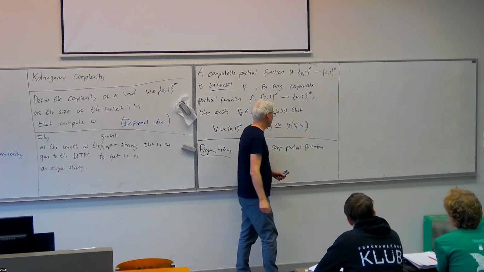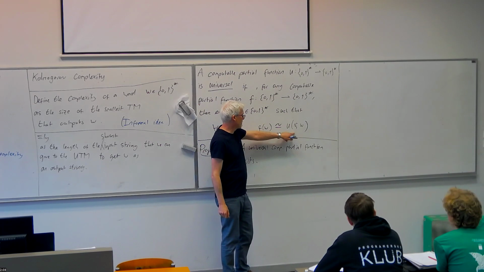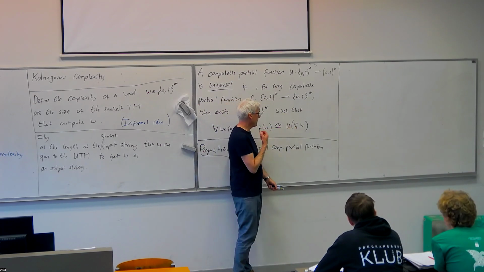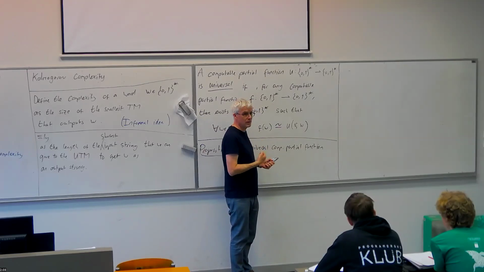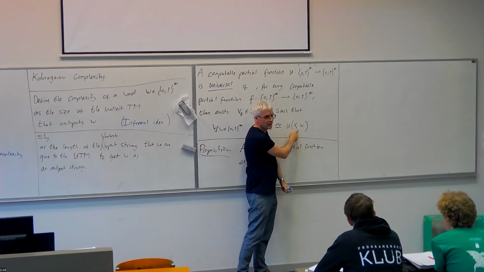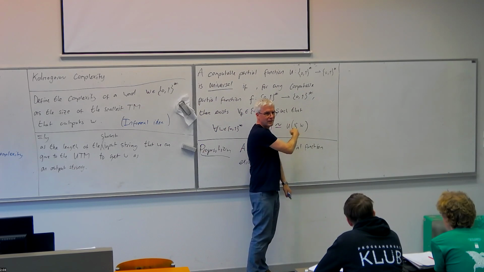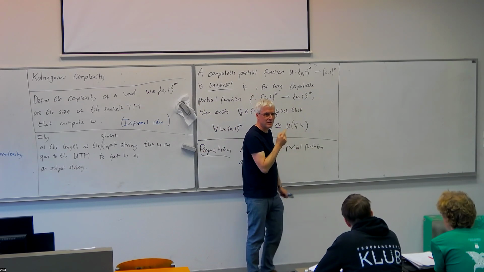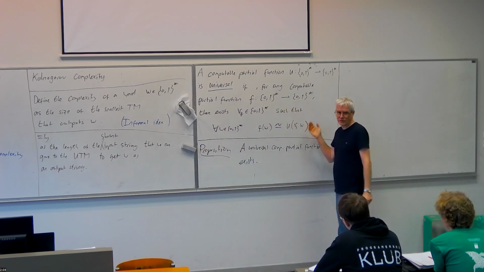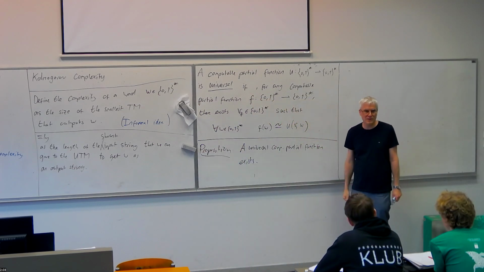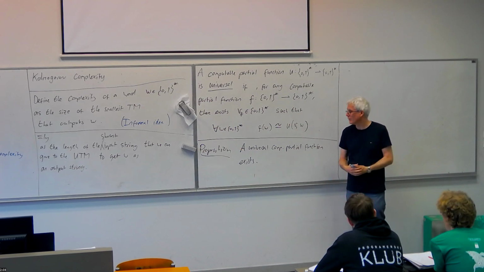The other thing we did was separate the description of the Turing machine that computes the function F from the input string using a bullet or something, a separator symbol. Here I'm just concatenating the strings, but you can get the universal Turing machine to work in that way. So we have a universal function.